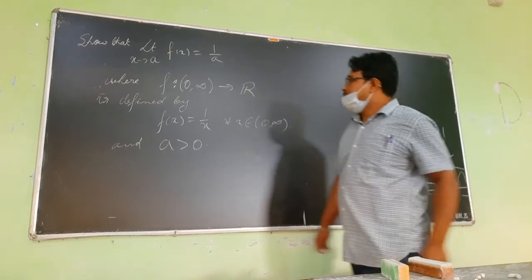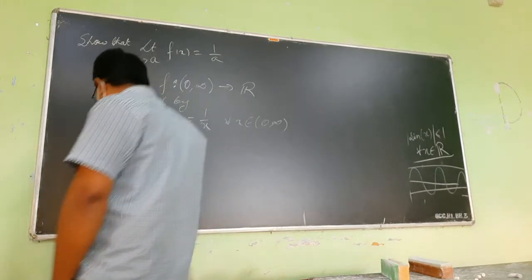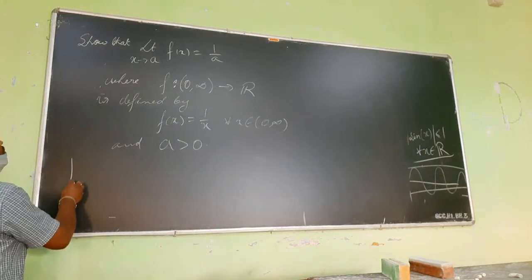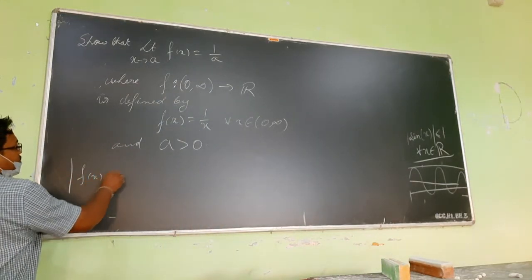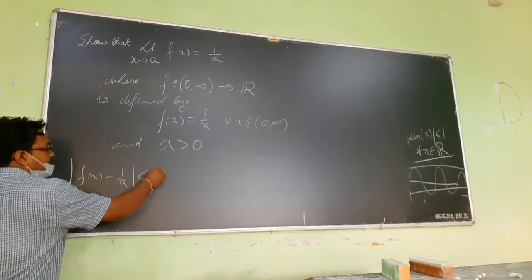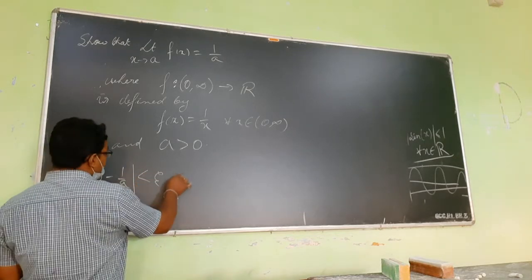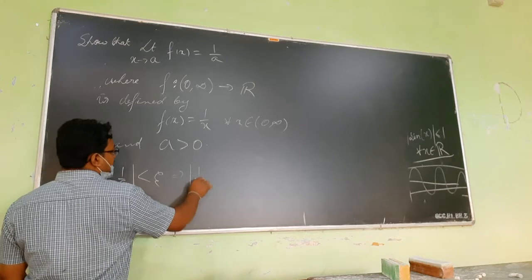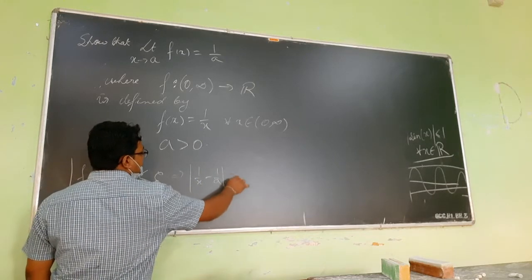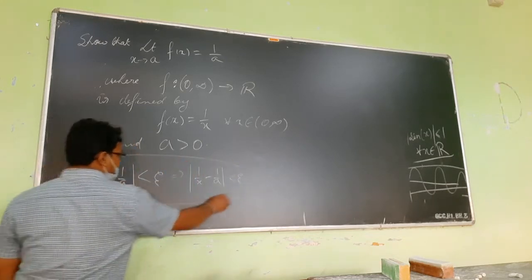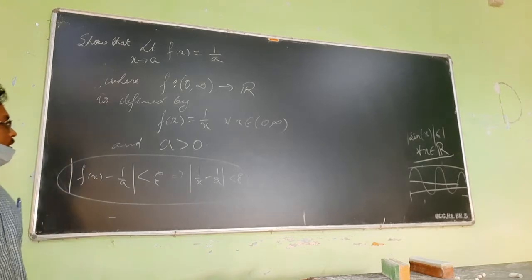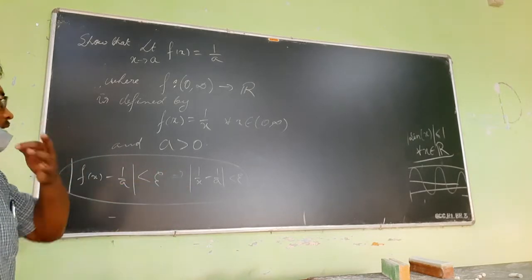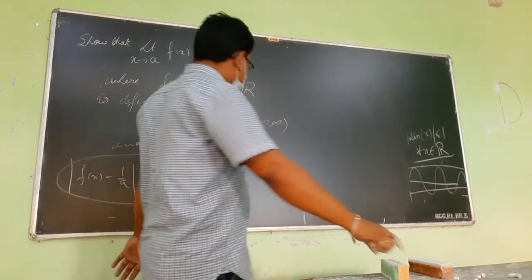So, what I have to show? I have to show that mod of f x minus 1 by a is less than epsilon. That is, I have to show that mod of 1 by x minus 1 by a is less than epsilon. Okay, this is what I have to show, for some delta. We have to find some delta for which this holds.